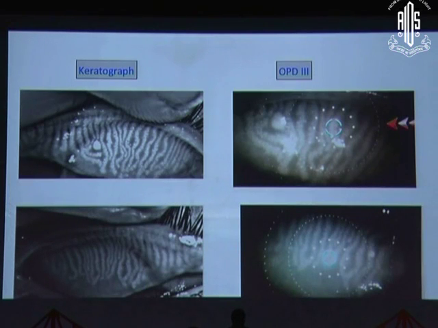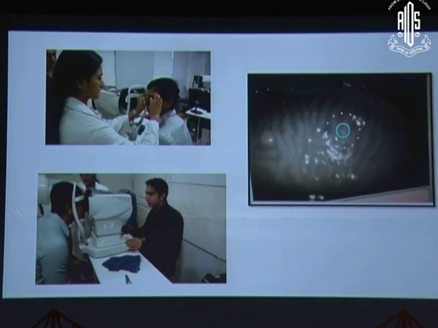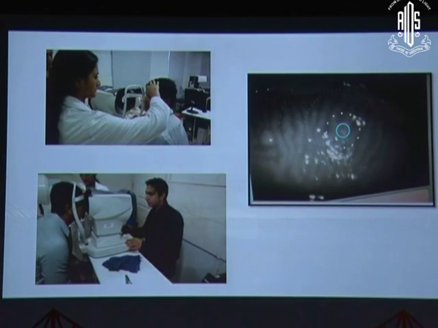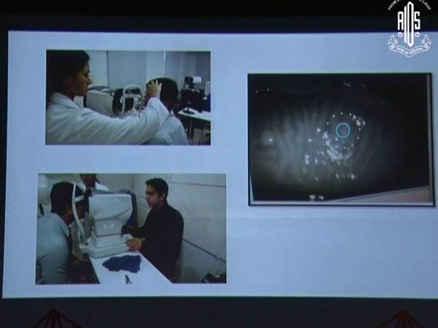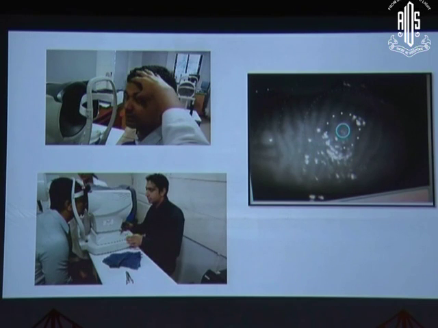As I told you, any infrared camera working on this principle can image the meibomian glands. So this has been done on an abrometer on the right hand side. If you see, it's quite comparable to the actual standard keratograph. How we need to do this is basically in the clinic. If you can see the right upper video where we are everting the lid, and then it is just focusing with the joystick.